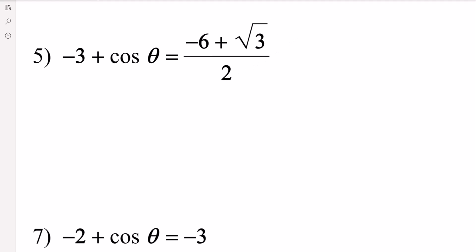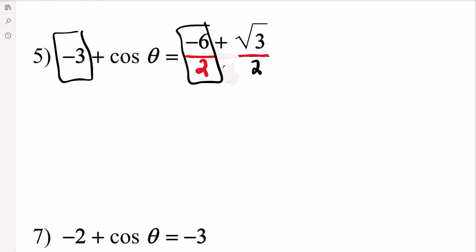I don't want you to do it that way. The easiest way is, let's just think about these two as separate fractions. So write this as negative 6 over 2. And then here, maybe you can just put a line through it. And then root 3 over 2. Well, this thing right here, negative 6 divided by 2, is negative 3.